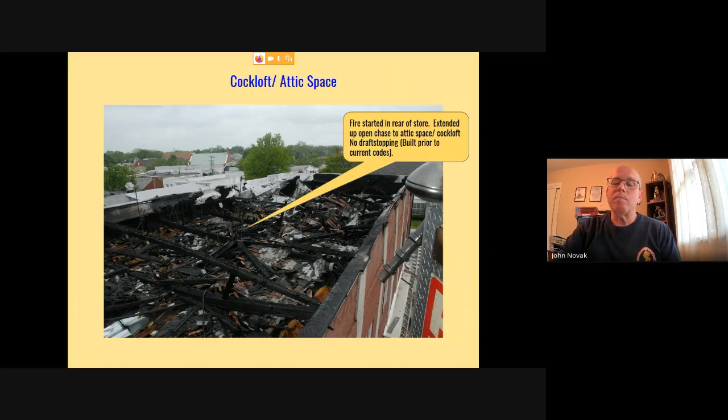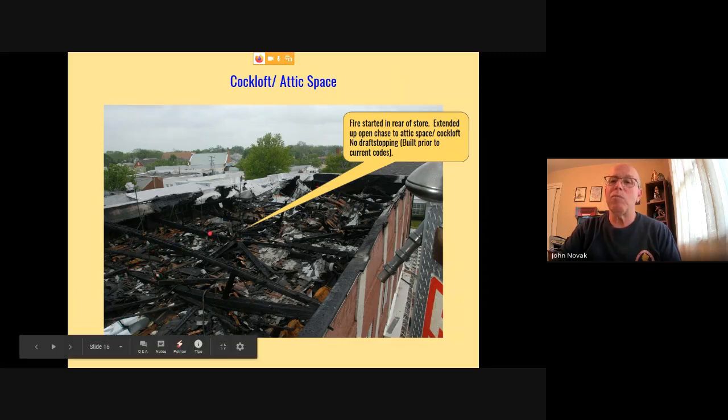In newer construction, they're using gypsum board to make draft stopping. But in this case, no draft stopping. Again, this was built prior to any codes, and you can see the size of the cockloft or the attic space.